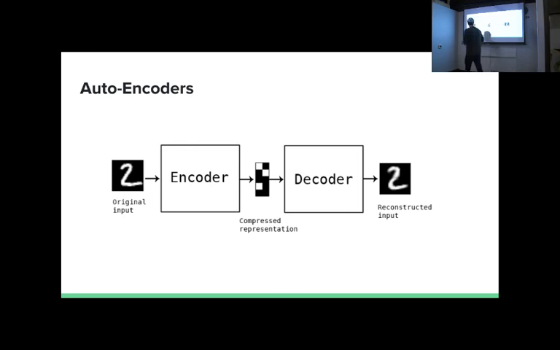In this case, this is from the MNIST handwritten digits database, which is commonly used to test machine learning stuff. You've got the number 2 written, this is a picture. The picture goes into the encoder and spits out this latent representation, which is something that it learns how to do.